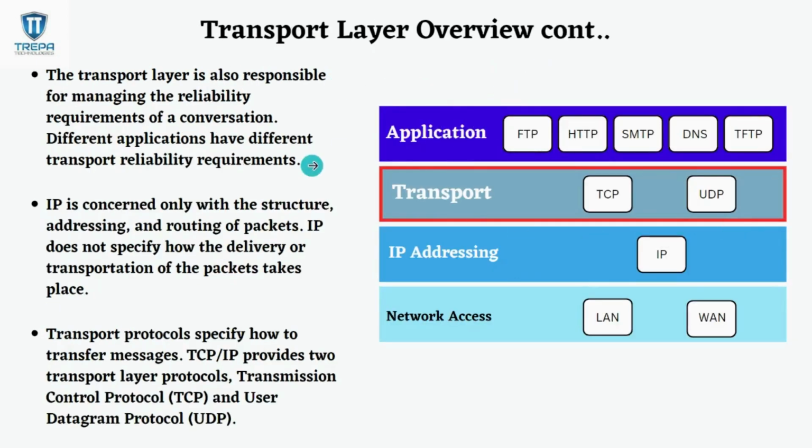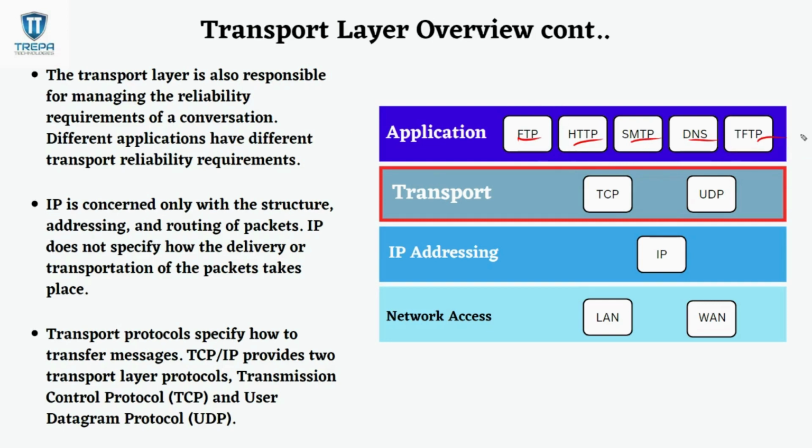Okay, so the transport layer is also responsible for managing the reliability requirements of a conversation between client and server, sender and receiver. So depending on the application, and when we say application, we mean these different apps and protocols right here, they're going to have different reliability requirements.